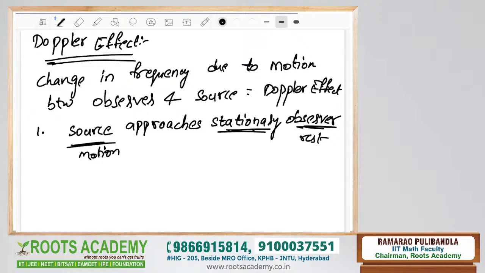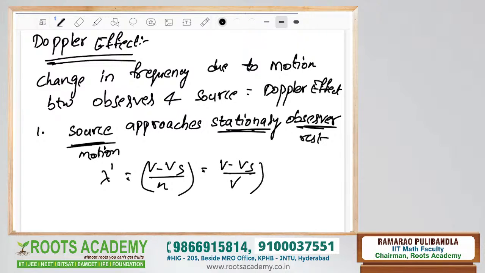In that case, the wavelength λ' could be (v − vs) / n, that is nothing but (v − vs) / v × λ, where vs is the velocity of the source, and v is the velocity of the sound. We can write this as v0 also, so (v0 − vs) / v0.